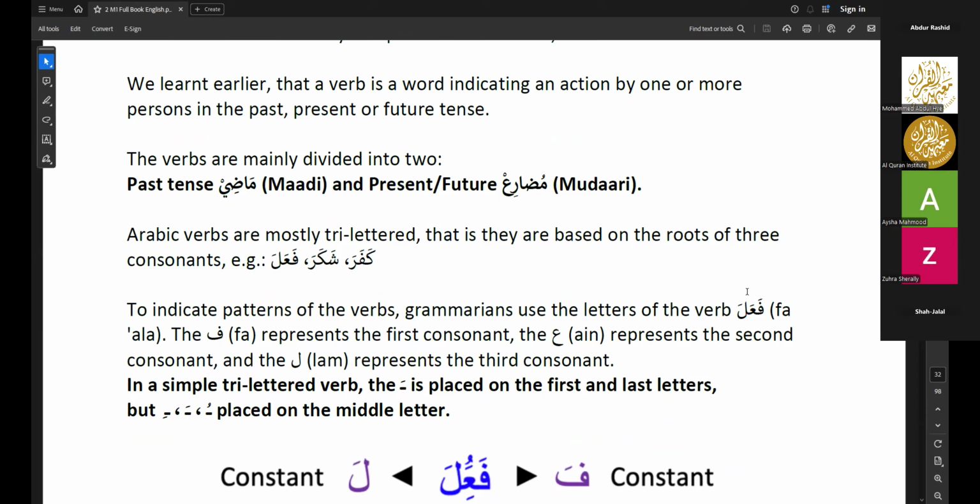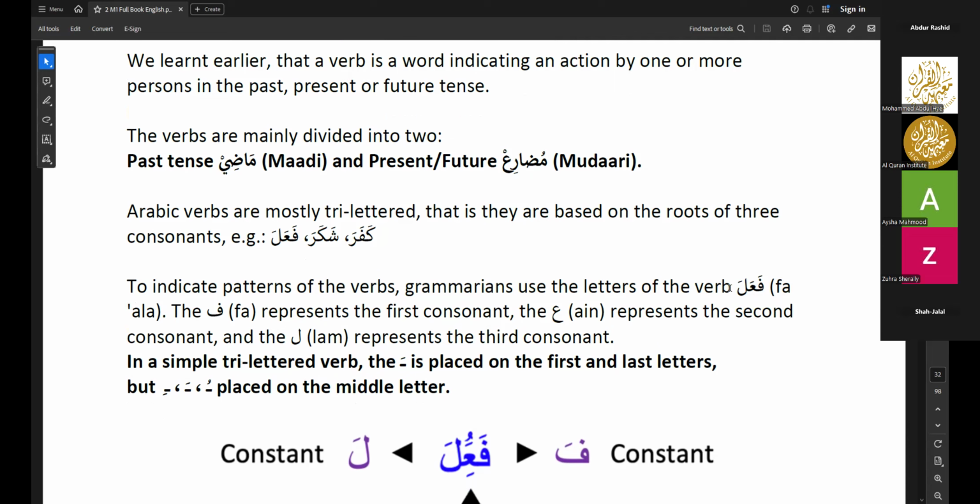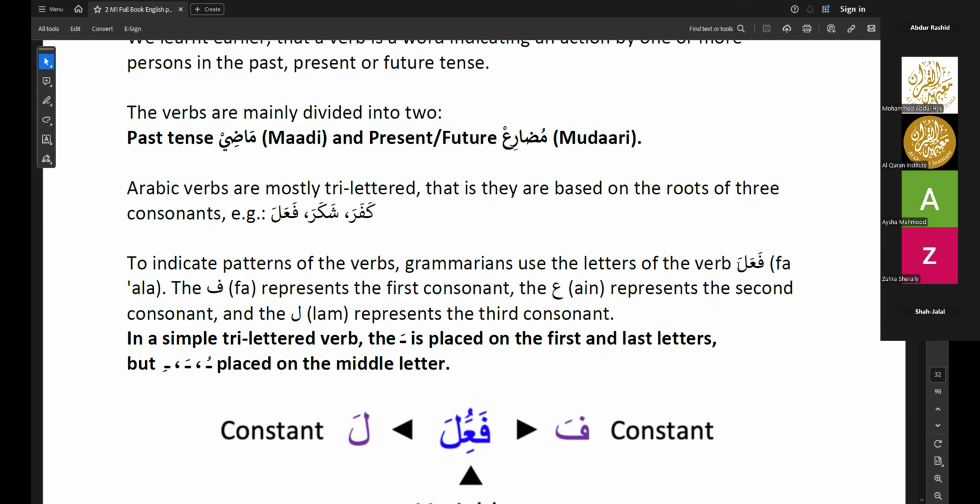The first letter we call fa kalima, the second letter ain we call ain kalima, and the last letter lam we call lam kalima. Fa consonant, ain consonant, and lam consonant. It is just for our convenience to study further. So we'll use fa'ala.